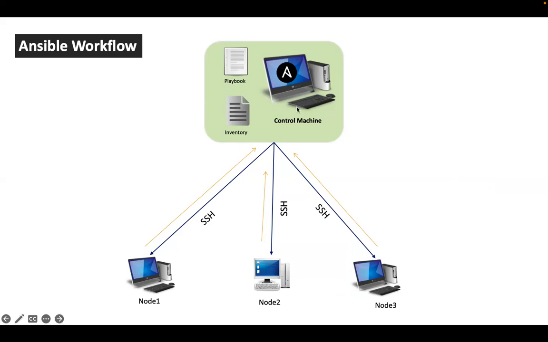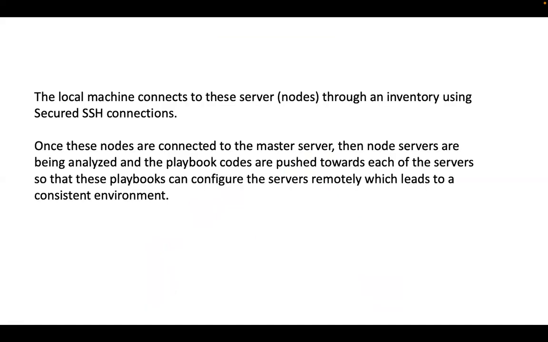So the control machine will connect to the nodes with the SSH key, SSH tool. And then it will execute whatever is written in the playbook, right? It's a very simple flow.